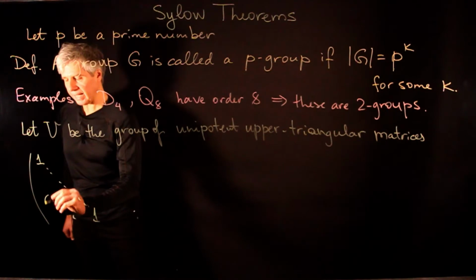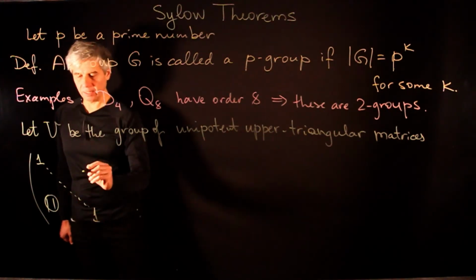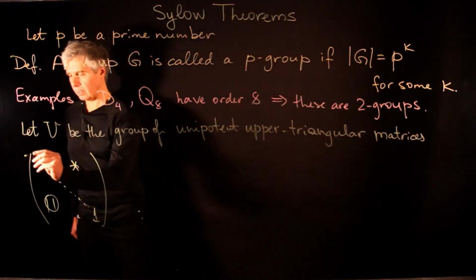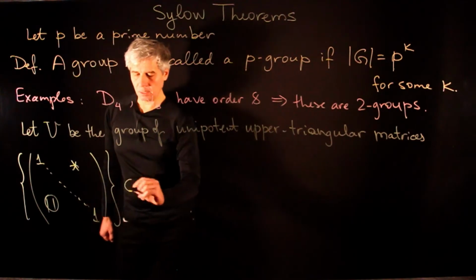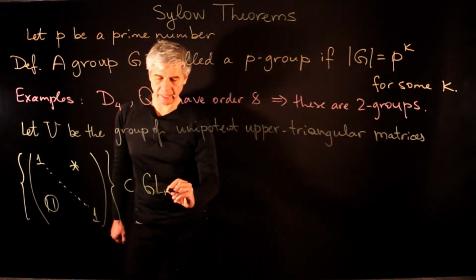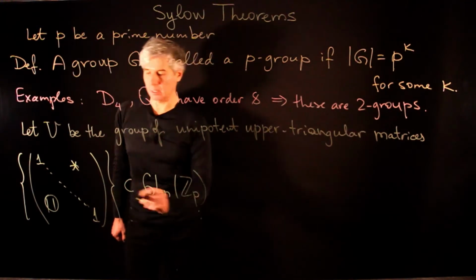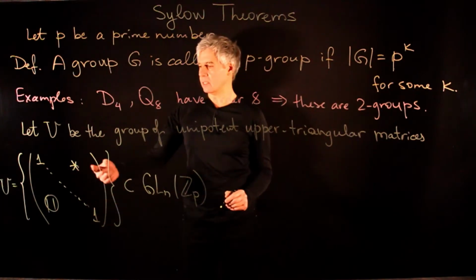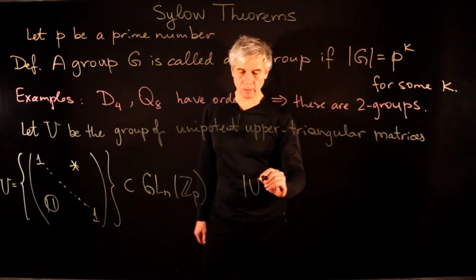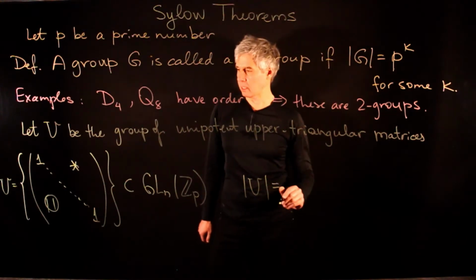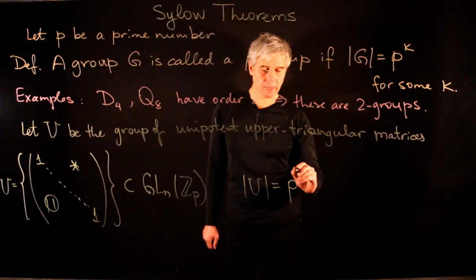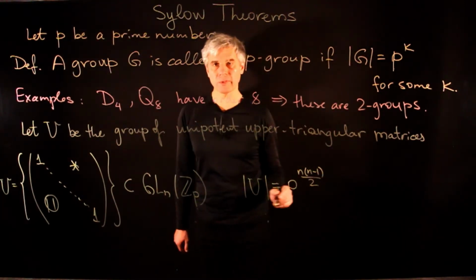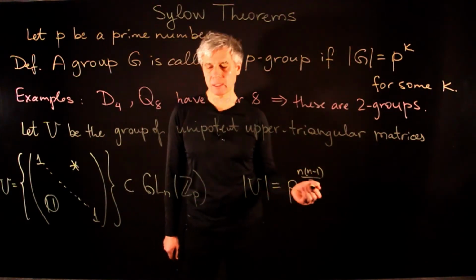We have ones on the diagonal, 0 under the diagonal, and anything above the diagonal. And we consider these matrices in the group GL_n(Z_p). So this means that we take these matrices over a finite field Z_p. Then it's easy to count the size of this group, and we see that the order of this group is equal to p to the power of n(n-1)/2. So the order of this group is a power of p, and thus this is a p-group.